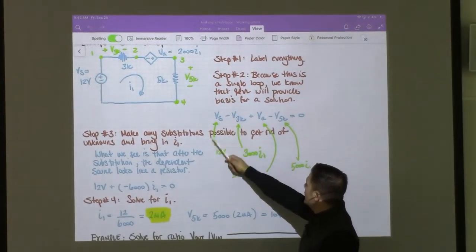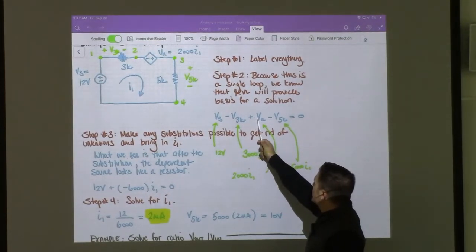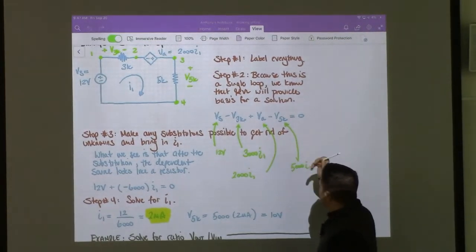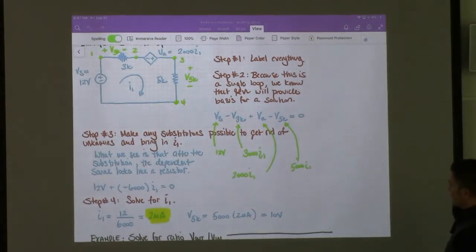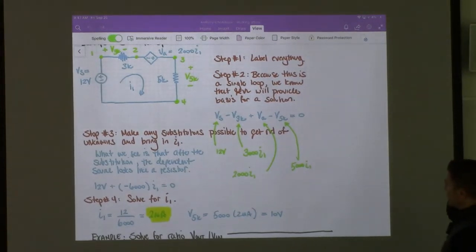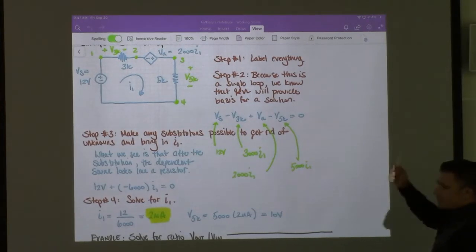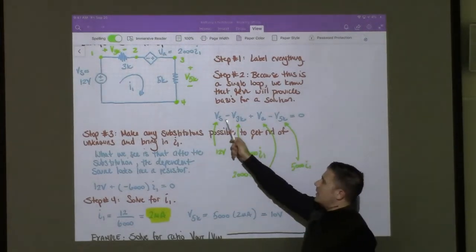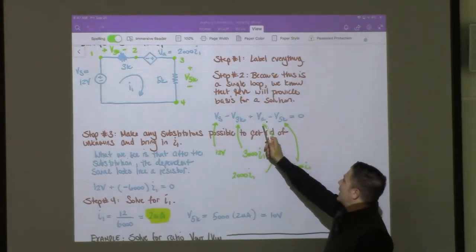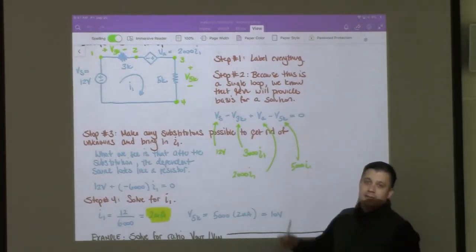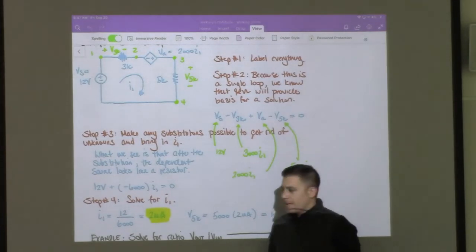So 12 minus 6 is 4, plus 4 is 8. Hold on. No. 12 minus 6 is 6. I don't know how I messed that up. 12 minus 6 is 6. 6 plus 4 is 10, and 10 minus 10 is 0. So it does work out. All right, good.